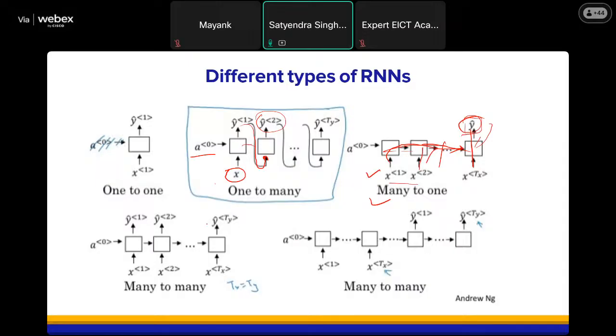This was the example that we have seen in the previous slides, called many to many, where Tx is equal to Ty. Whereas in many to many architecture where you don't have the same length of input and output, you have a special type of architecture called encoder and decoder, where the encoder encodes the input.